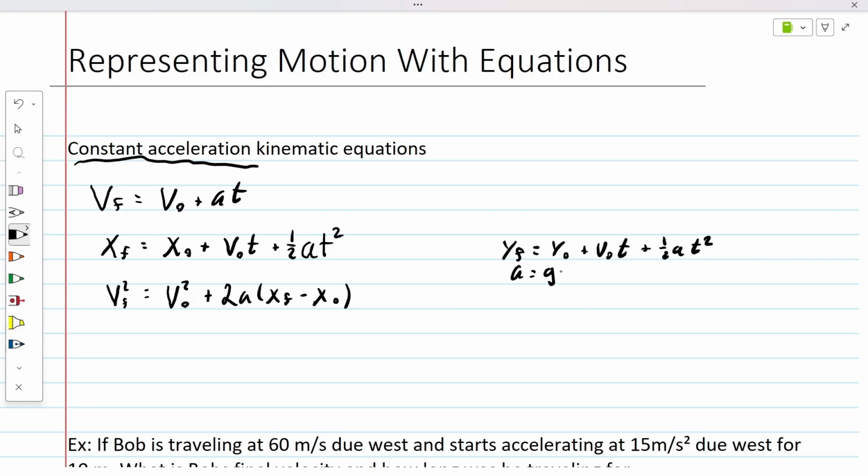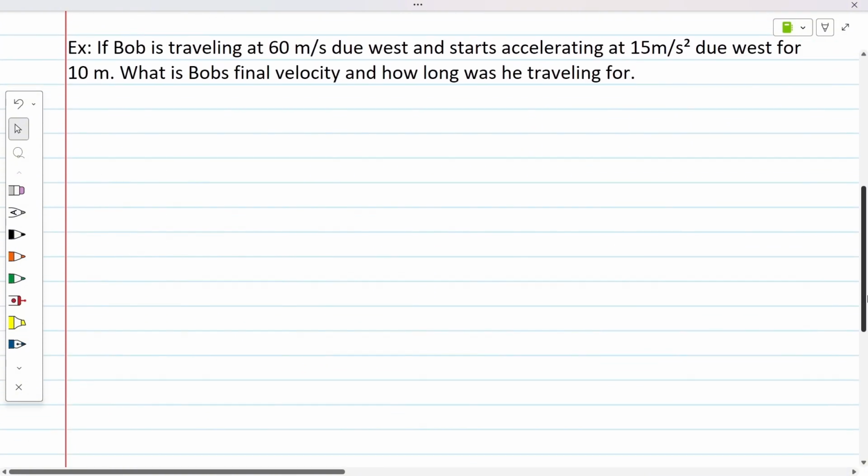So we denote it as a g, which equals 9.8 meters per second squared on Earth. So if you're not given acceleration and something's in free motion in the air, the y acceleration is going to be this gravity here. Alright, so let's do a couple examples using these equations.